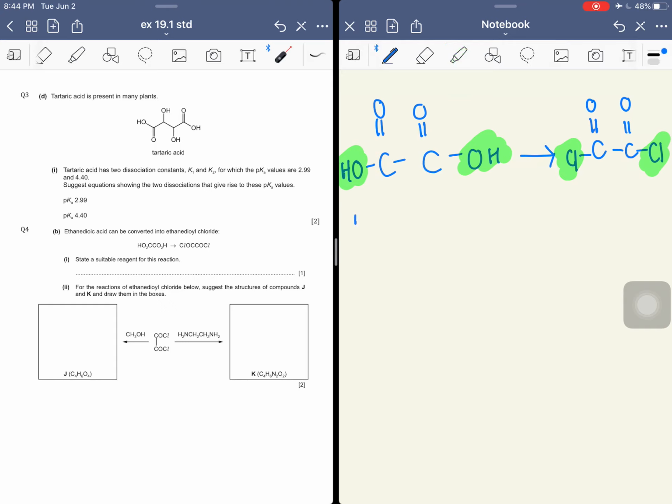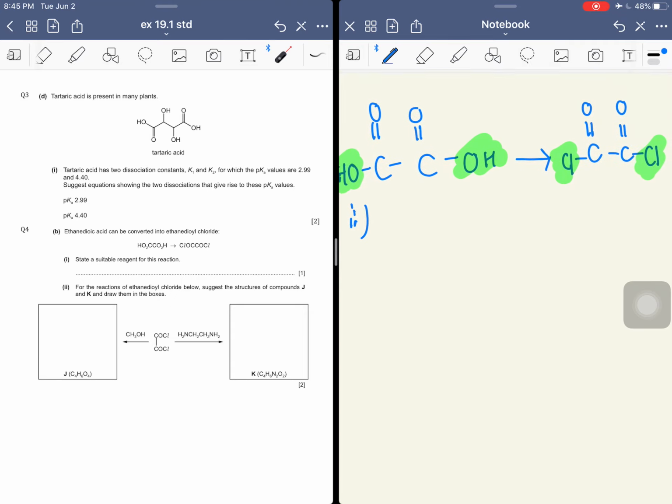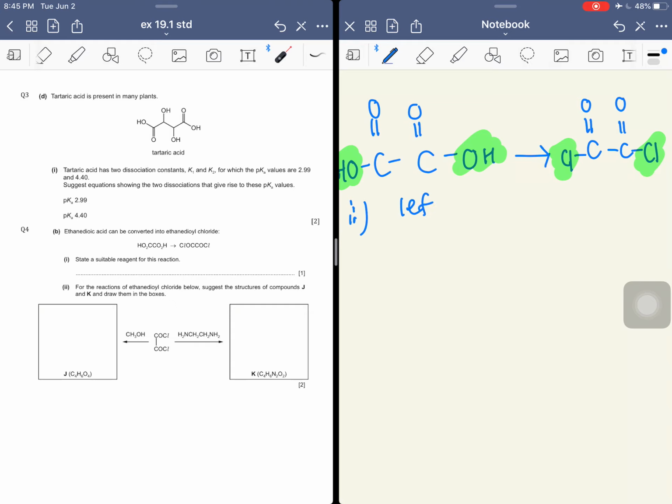Part 2. For the reaction of ethanedioyl chloride below, suggest the structures of compounds J and K and draw them in boxes. So for the first reaction, which is the reaction on the left, you have C double bond O Cl, C double bond O Cl, and then you are reacting it with alcohol.